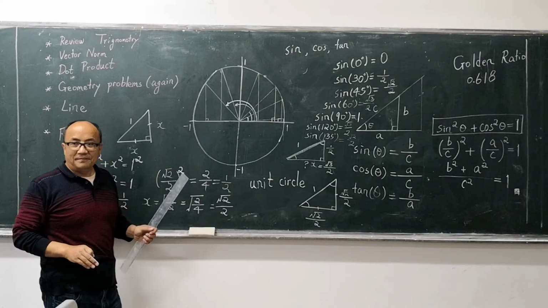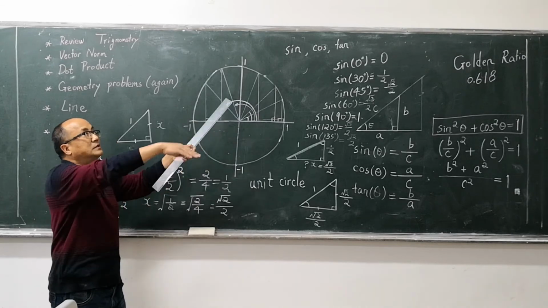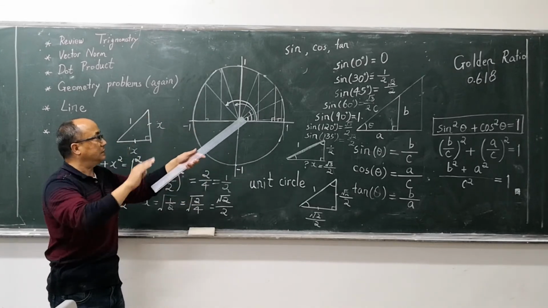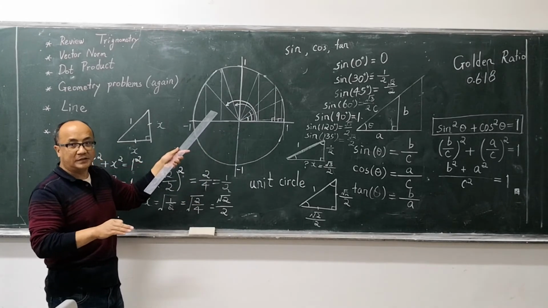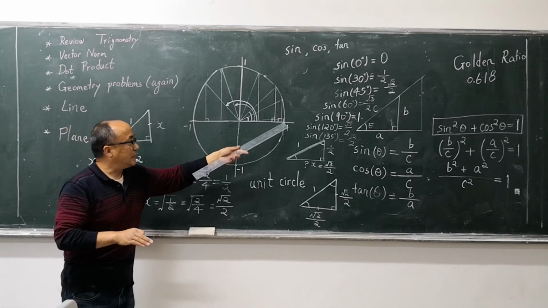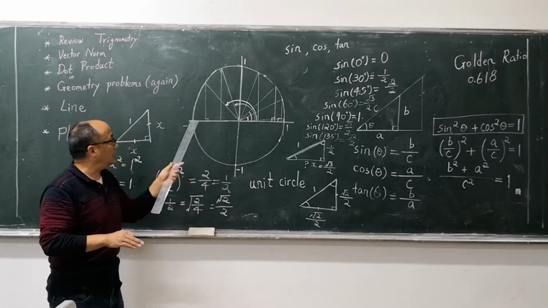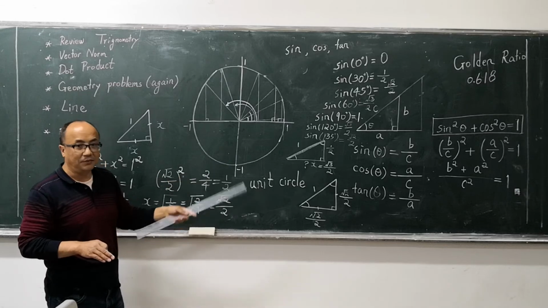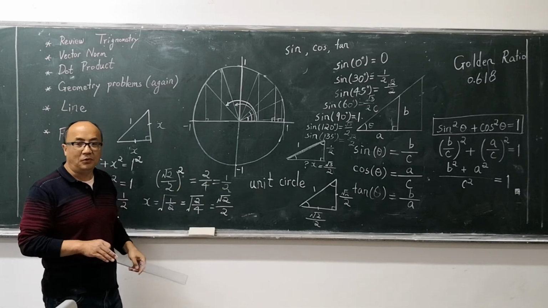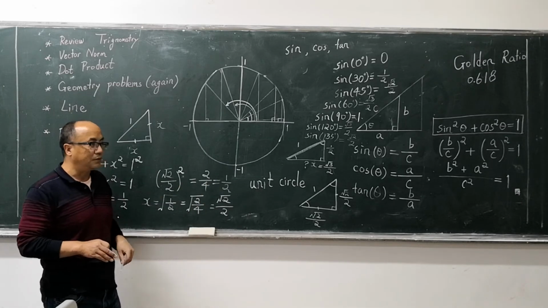It's 0. Because it is above the ground, so all are positive, except at 0 is 0, okay? At 180 degrees is 0. Write this down on your notebook.